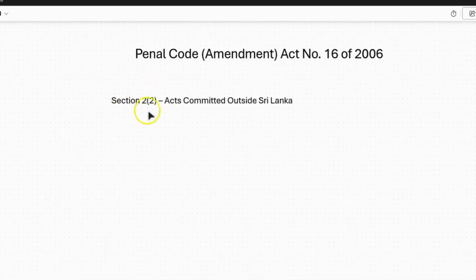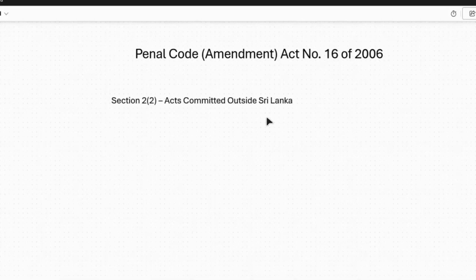The next one, Section 2(2), acts committed outside Sri Lanka. What's the main idea of this? According to this, a Sri Lankan citizen cannot escape punishment by committing a crime in another country.